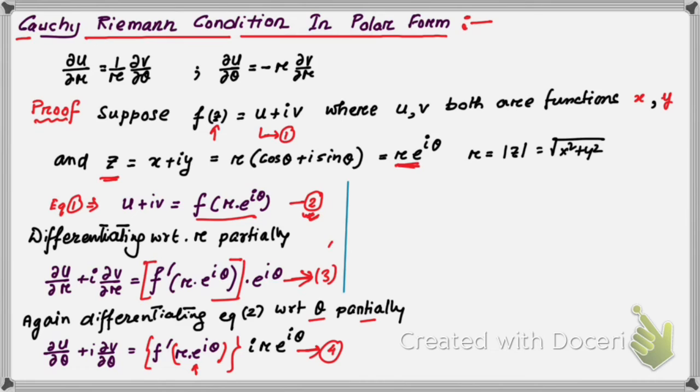Now if we use 3 in 4, this is f dash r e to the power i theta, into e to the power i theta, which is nothing but the right hand side of equation number 3.